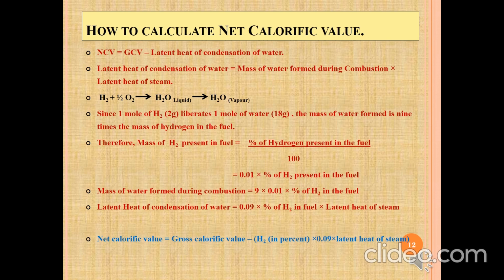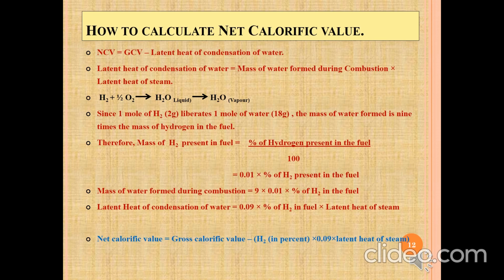Since 1 mole of hydrogen liberates 1 mole of water, that is, when we take 2 gram of hydrogen and it reacts with oxygen, it produces 18 gram of water. That is, the mass of water formed is 9 times the mass of hydrogen in the fuel.